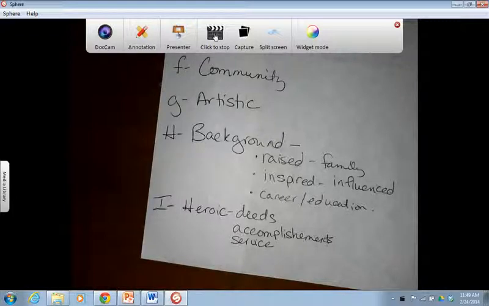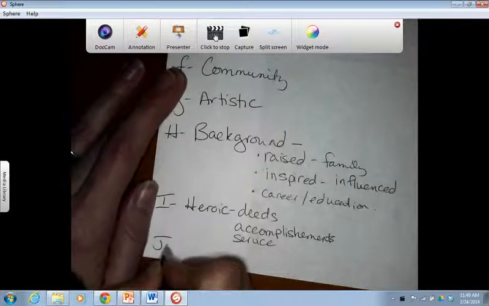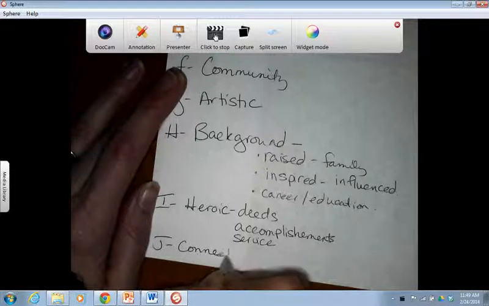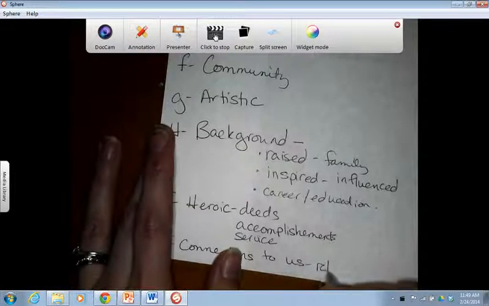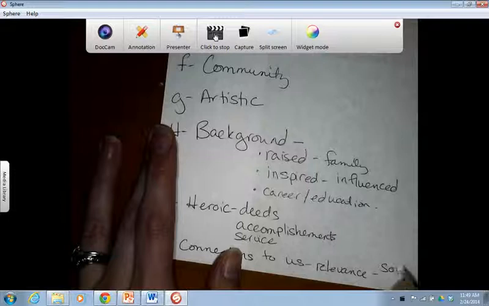What is it that they did? Yes. Connections to us, making it general, but connections to us. It'd be like answering the so what question. Exactly. The so what factor.